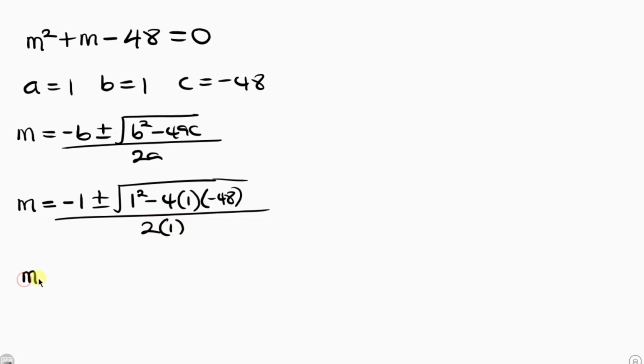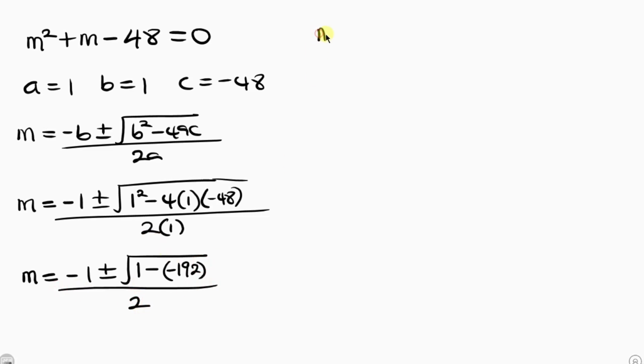So m will be equal to negative 1 plus or minus the square root. 1 squared is going to give me 1 minus, now 4 times 1 times negative 48, I'm going to be having negative 192 all over 2 times 1, that's 2. So m will be equal to negative 1 plus or minus the square root of, now notice that minus times minus is going to give me plus.